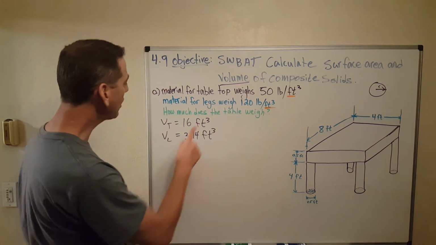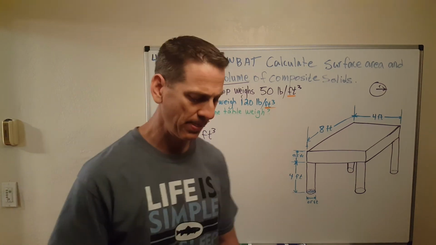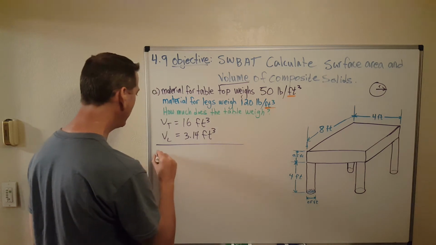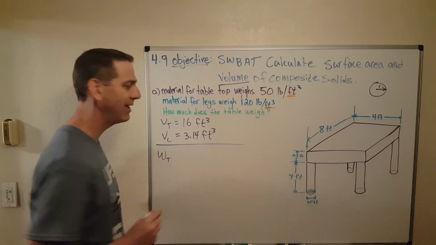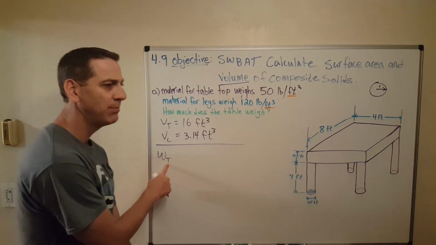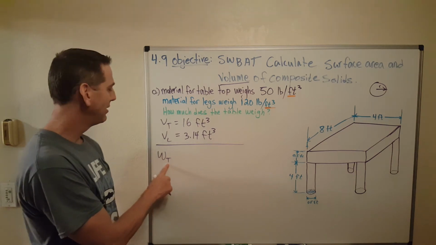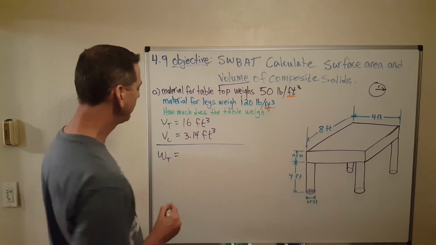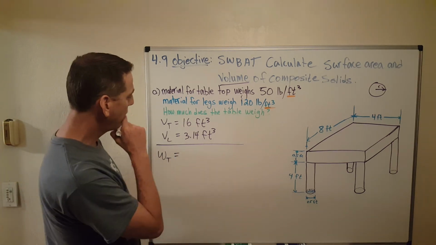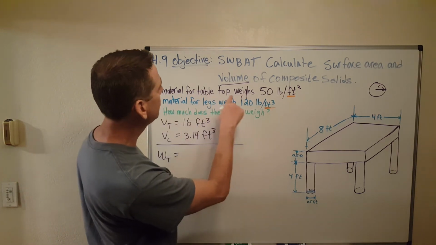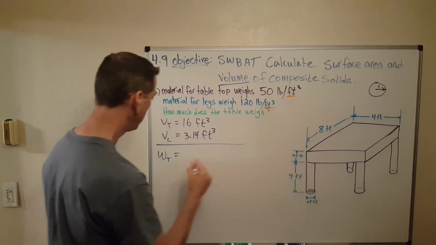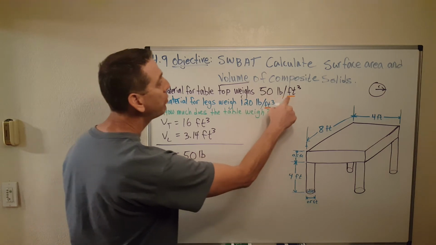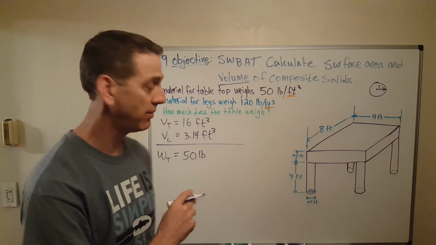So let's start with our tabletop. I want to know the weight of my tabletop, and I'm just going to use a subscript. Weight of the tabletop equals, well, what is it? 50 pounds per cubic foot.